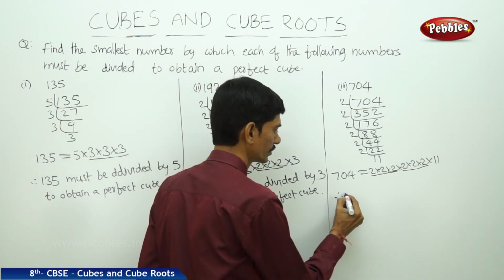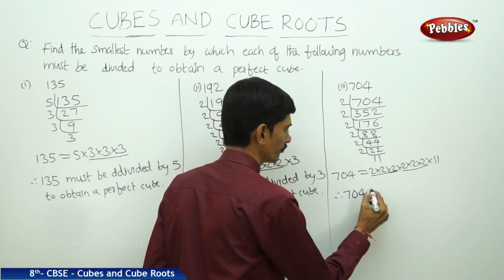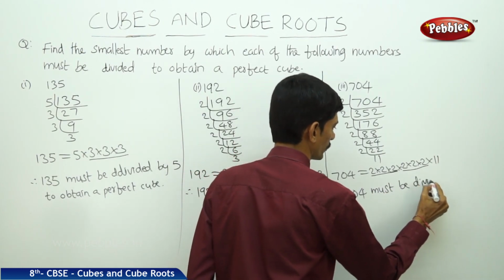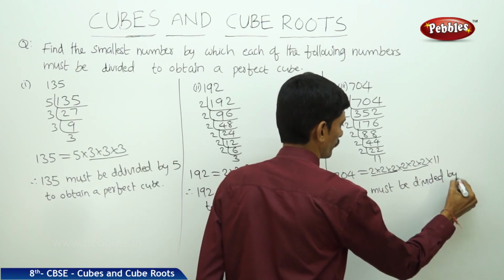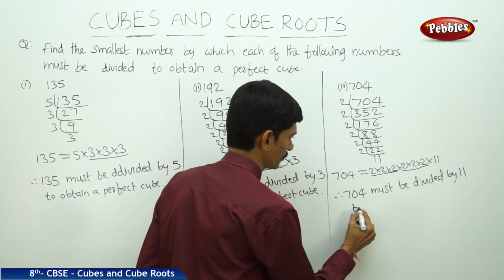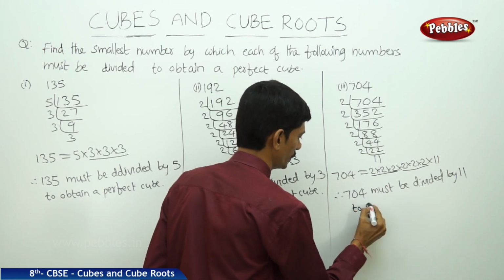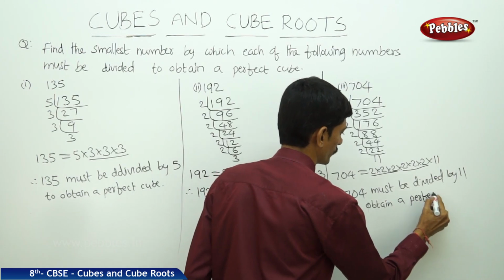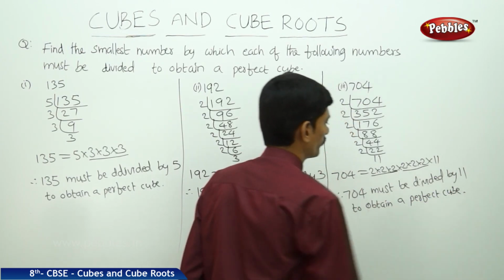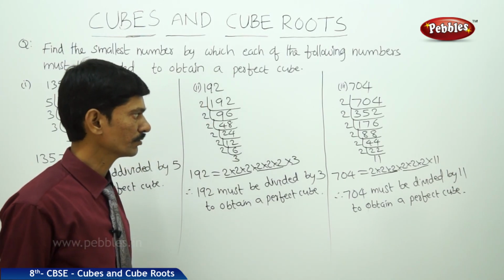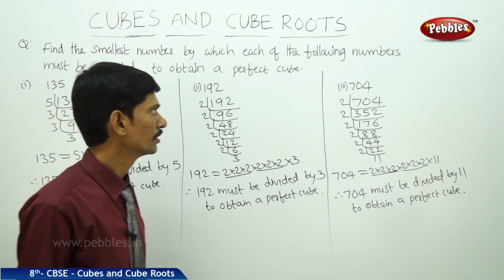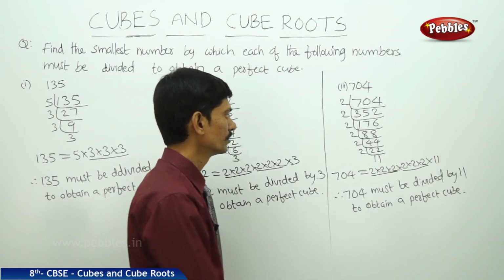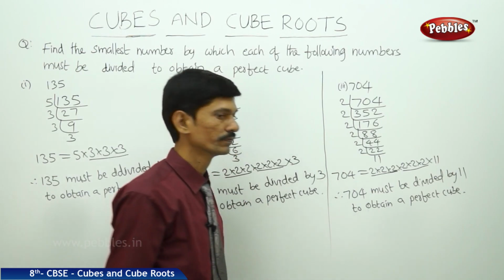So therefore we can write that 704 must be divided by 11 to obtain a perfect cube. So 11 is the smallest number that should divide 704 to make it a perfect cube.